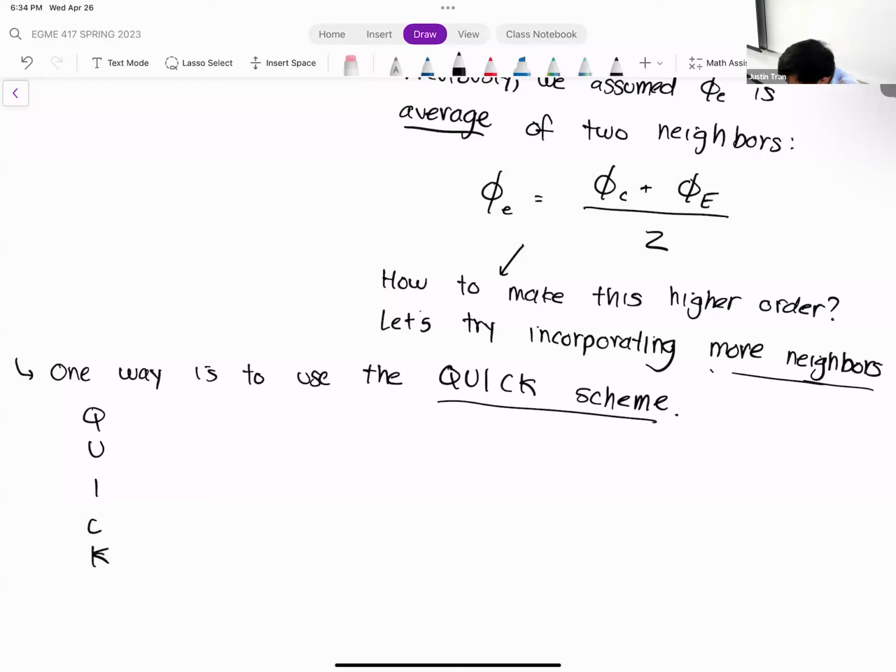this SpongeBob style where we have the letters all vertical like this. So QUICK stands for quadratic. U stands for upwinding. I stands for interpolation.